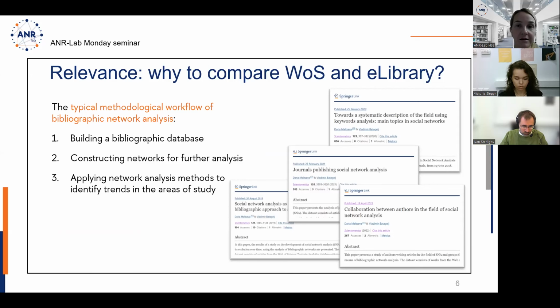And next, let's talk about the next question: why is there a need to compare different databases? Why is there a question of databases?